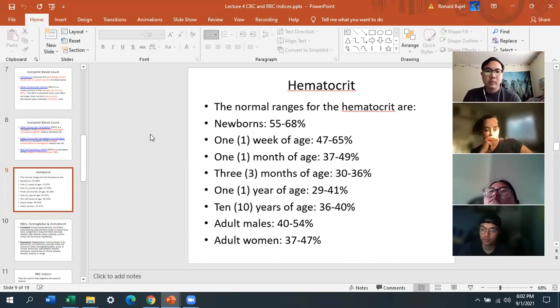And similarly, at 10 years of age, it's going to be 36 to 40%. Normal value for males is 40 to 54%, and females' normal range is a little bit lower, 37 to 47%. So with age from birth, your hemoglobin concentration or your red cell concentration changes as you get older, and then it stabilizes at 1 year, 10 years, and into adulthood. Okay, so that's what this slide is meant to illustrate.